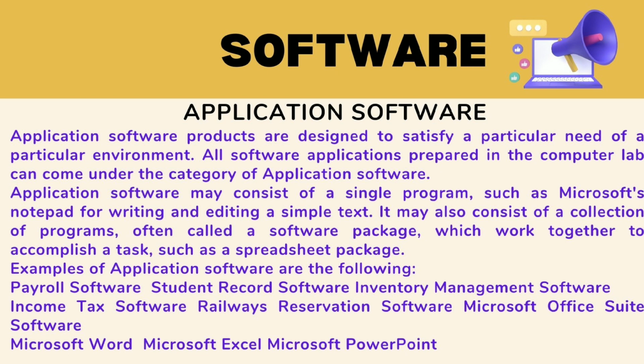Examples of application software are the following: payroll software, student record software, inventory management software, income tax software, railways reservation software, Microsoft Office suite software, Microsoft Word, Microsoft Excel, Microsoft PowerPoint.